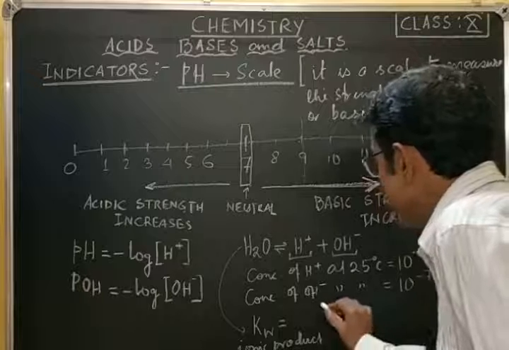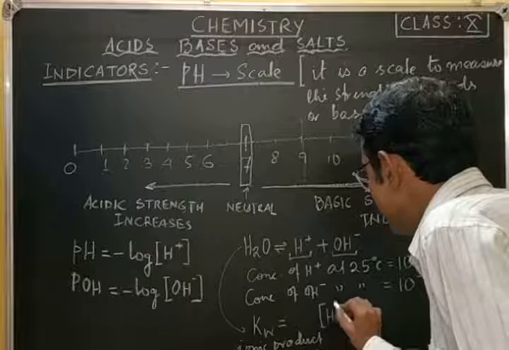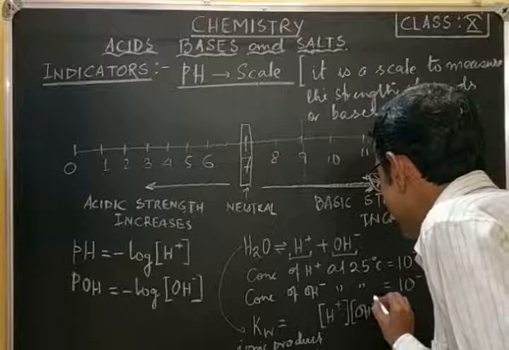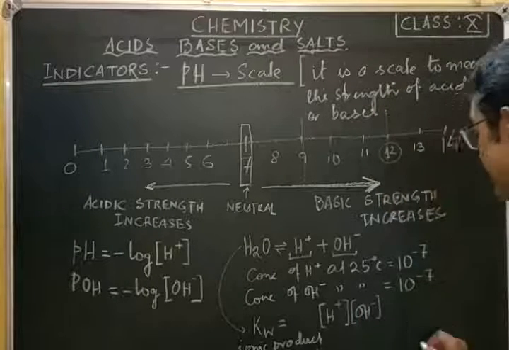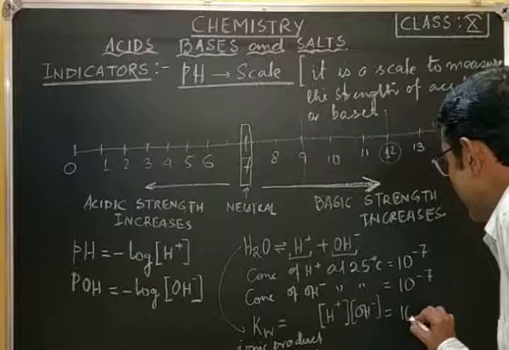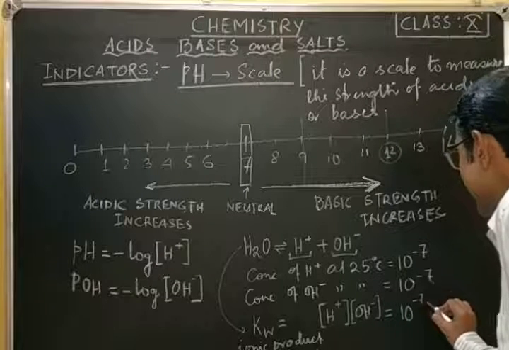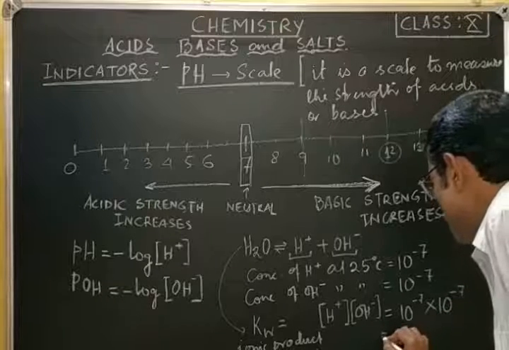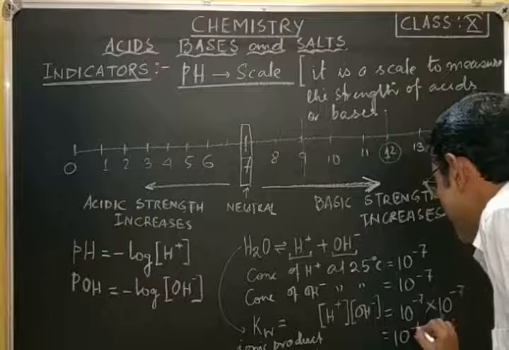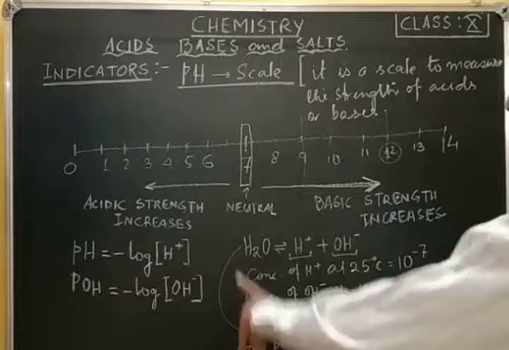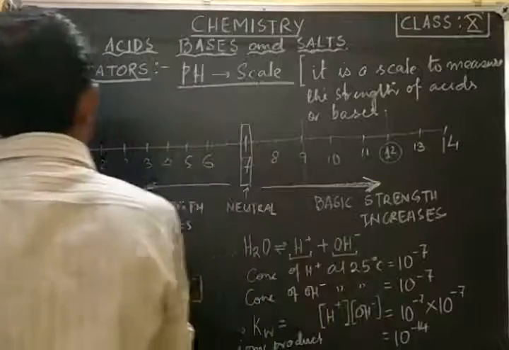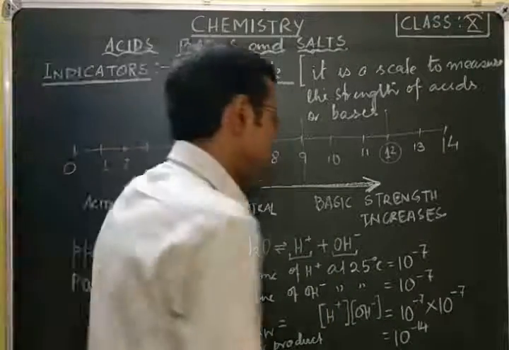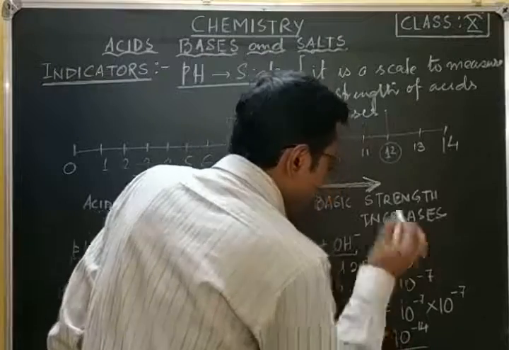It is the hydrogen ion concentration, H plus, multiplied by the OH minus ion concentration. So what is the concentration of hydrogen ion? 10 to the power minus 7, multiplied by the concentration of OH minus ion, 10 to the power minus 7. That gives you 10 to the power minus 14. And see here, it is the negative logarithm of hydrogen and OH ion concentration, and it is coming as 10 to the power minus 14.